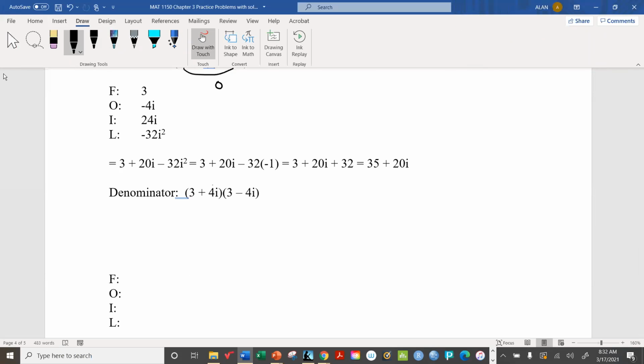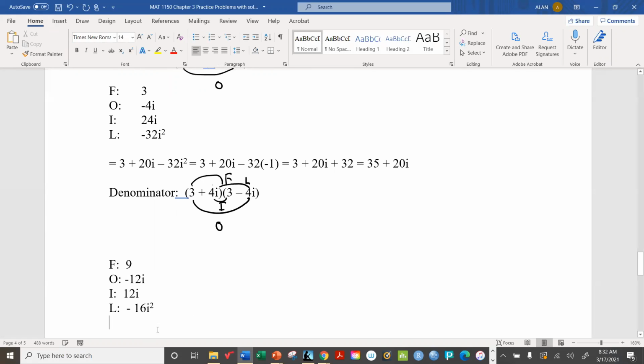F, O, I, and L. So we have for F, 9, O would be minus 12i, I would be positive 12i, so they will cancel out, and L is minus 16i squared.